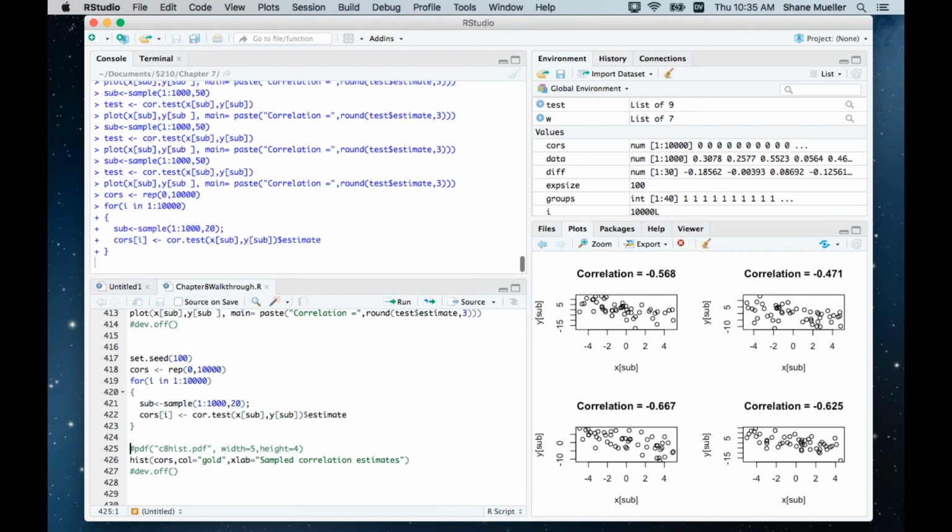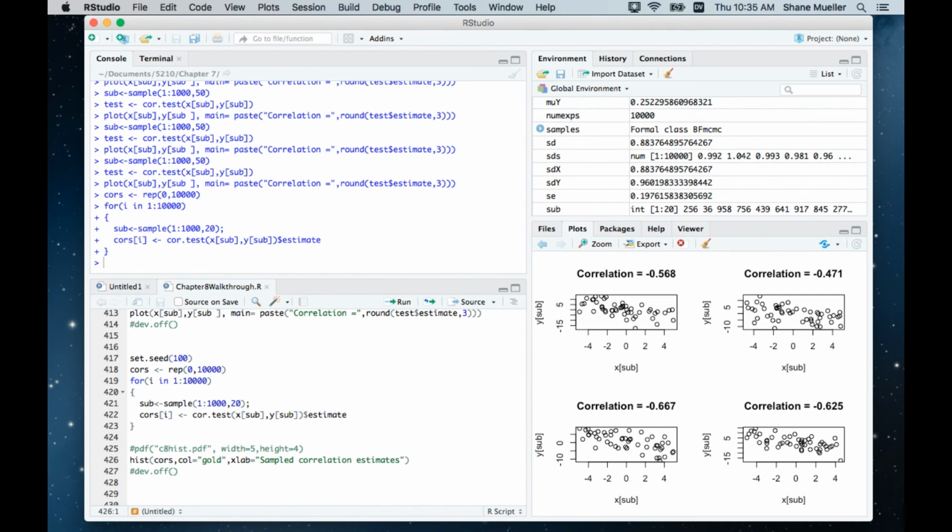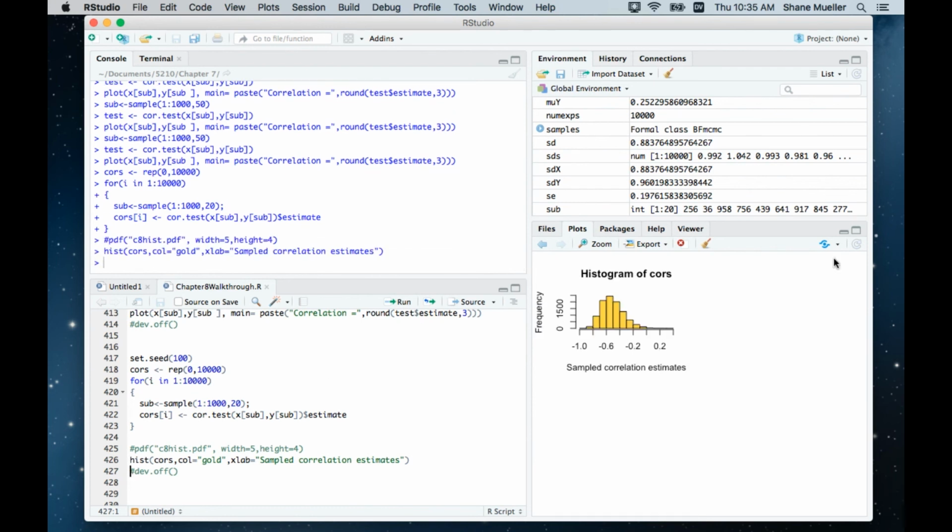Well, how large could it be? So here, in our case, I'm going to calculate the correlation for sampling 20 items from this 1,000. So we know there's a correlation. I'm going to randomly sample 20 each time.